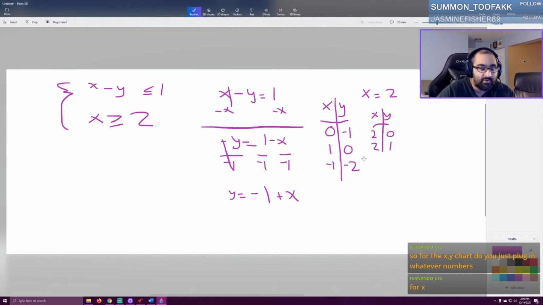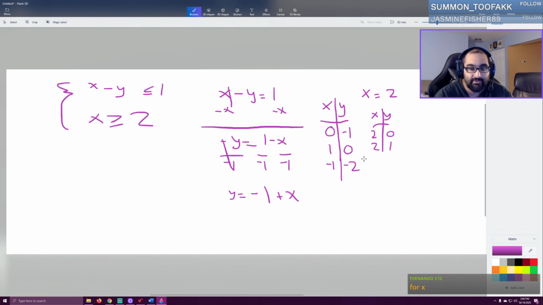Can I actually physically put it on a graph? If I can, great. Then it makes my life 10 times easier. If I got a fraction or a weird decimal, that's really not too easy to put on a graph, either hand drawn or on a computer. So maybe I need to pick a different number.